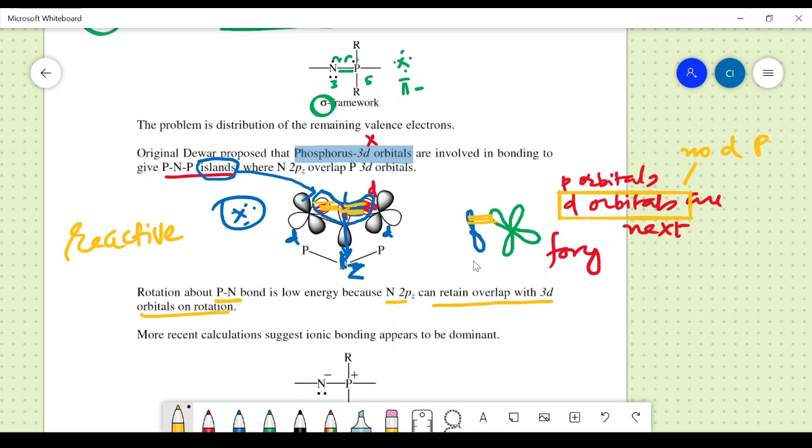This is the pz of nitrogen, and this is the empty d orbitals of the phosphorus. This is pz of nitrogen, and this one is that of the phosphorus. So when you have this, there is a rotation around this bond, and it is telling that it is low energy. That means you can rotate them. That is, they can retain overlap with 3d orbitals on rotation.